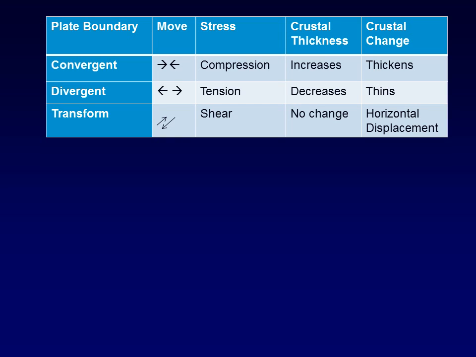If we had that dough, we would just be sort of smushing it from side to side, pulling one side toward you and the other side away from you. It's not getting thicker or thinner. So there's only horizontal displacement. There's no vertical displacement.